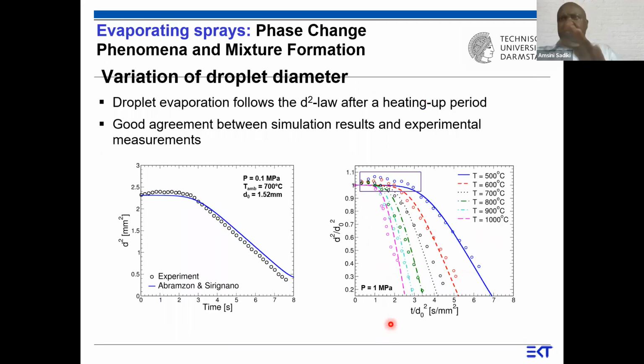And this was the remark I would like to make, that this effect is the quantity we didn't consider, the variation of the density of the liquid with the temperature. But for all the temperatures we have considered, there is a very good agreement with this D square rule.